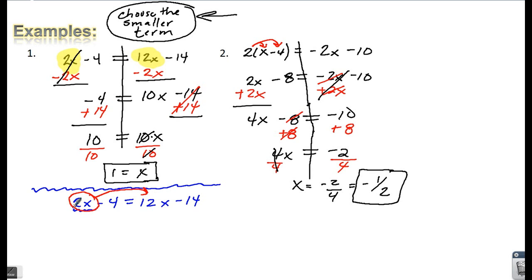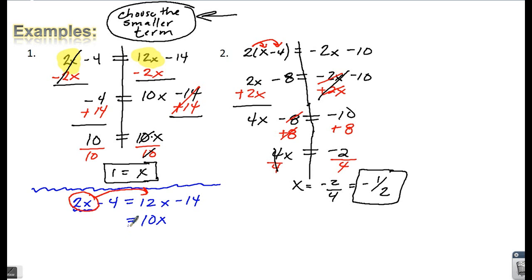Every time I jump over the equal sign, this positive 2x is now going to become a negative 2x. So what I have here is 12x minus 2x because it turned negative. So 12 minus 2 becomes 10. So I will write it as 10x.